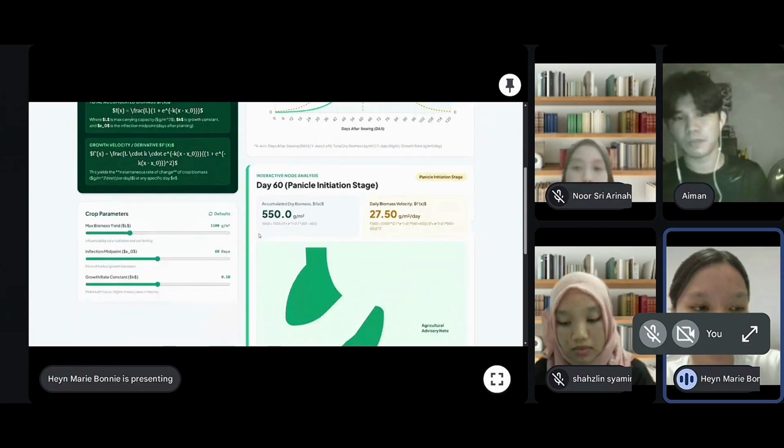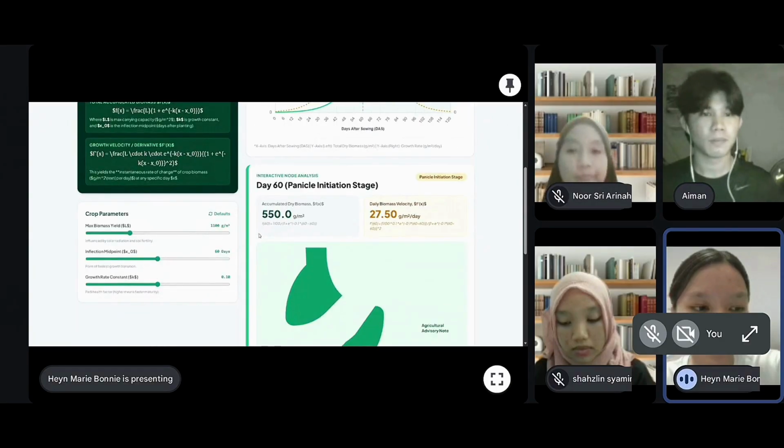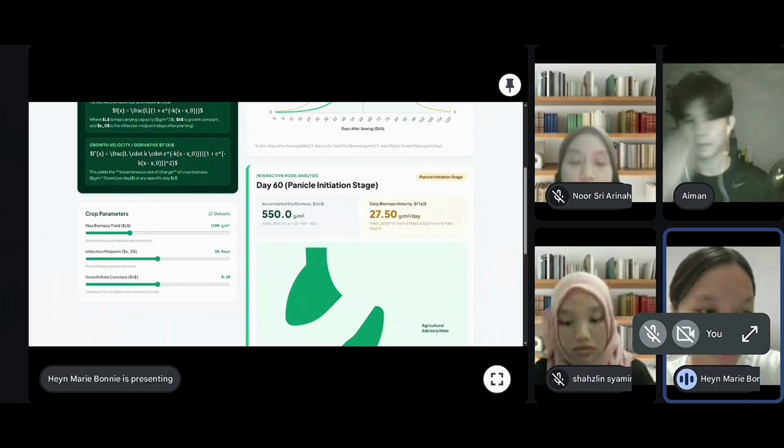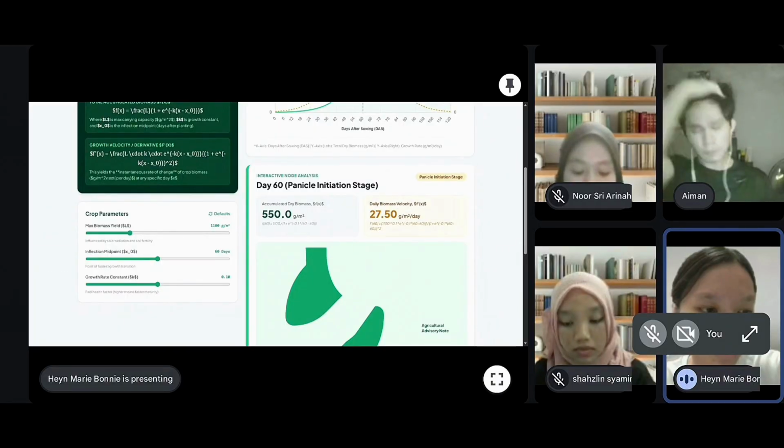And below that, we have the interactive sliders to tweak the biological parameters in real time according to farm conditions, adjusting the max biomass yield, the inflection midpoint, and the growth rate constant.